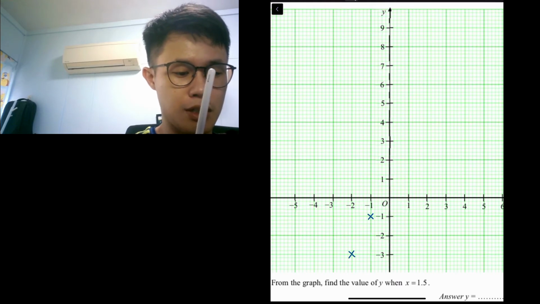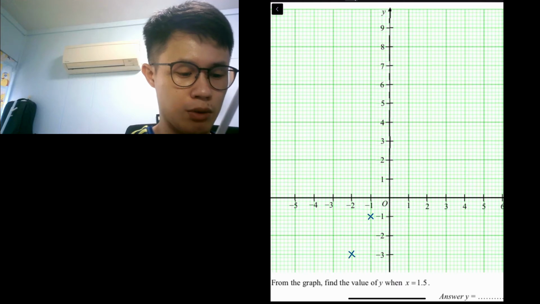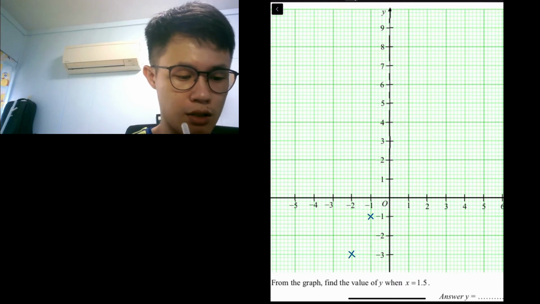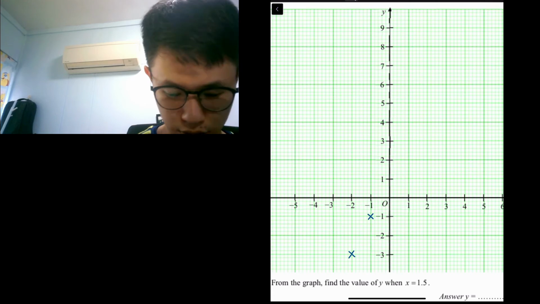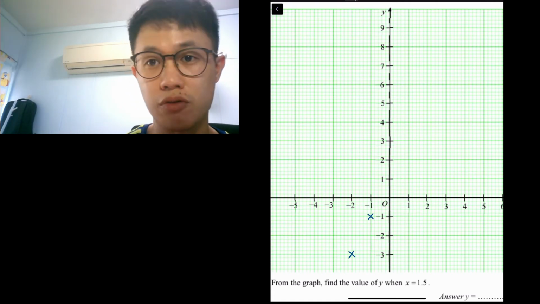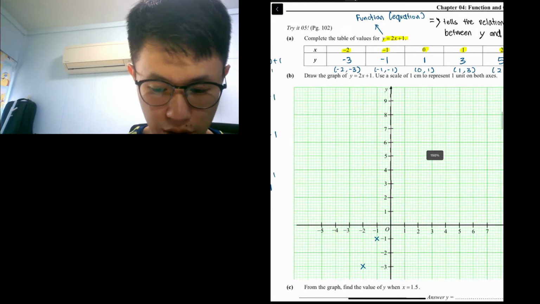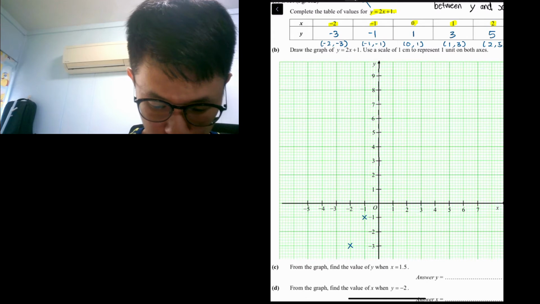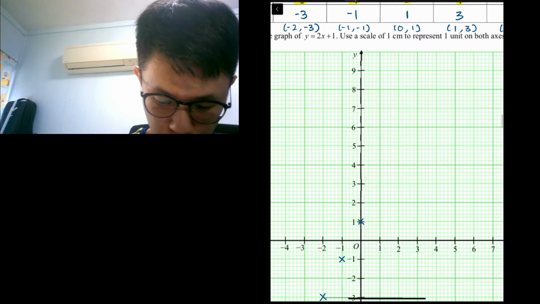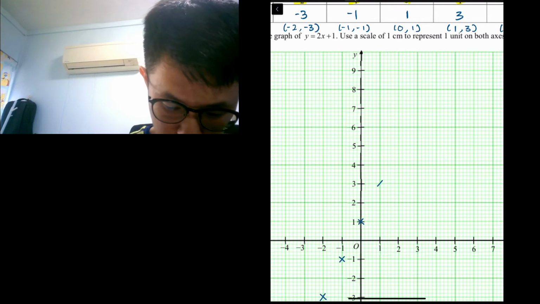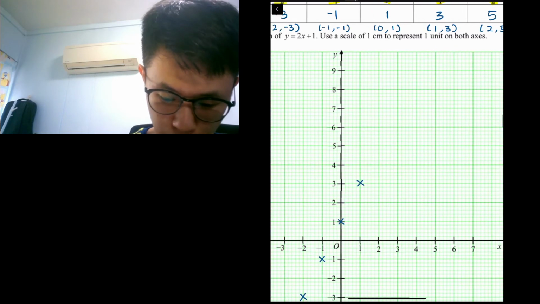Another way is that you can draw it and see where it goes wrong. Okay, the next I have is 0, 1, so 0, 1 is somewhere here, followed by 1, 3, followed by 2, 5.